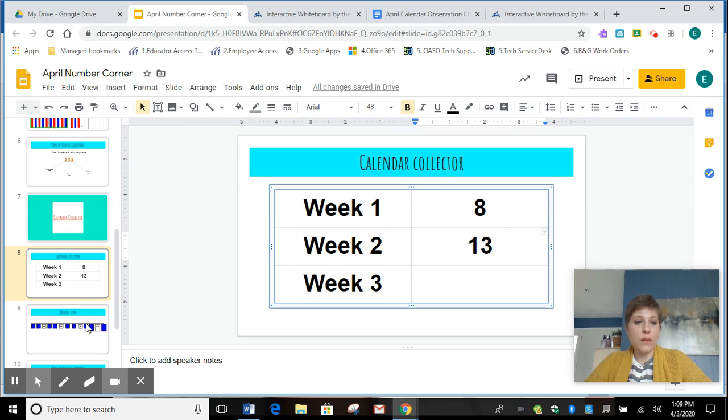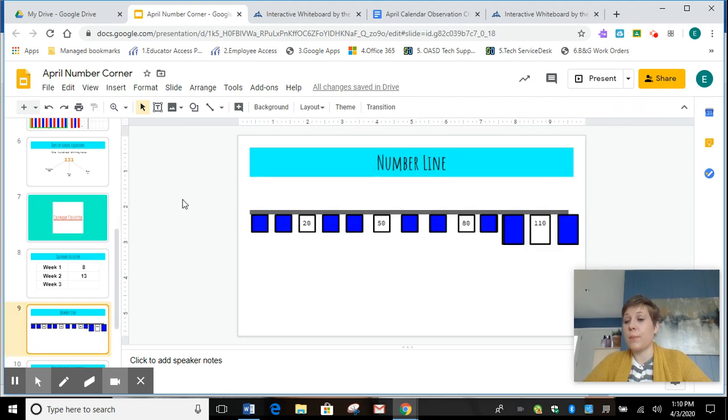But for now, we're going to jump into our number line. We know this number line is counting by tens. I want you to count along with me, first graders, by tens. I know you can do this without even having to see all the numbers.